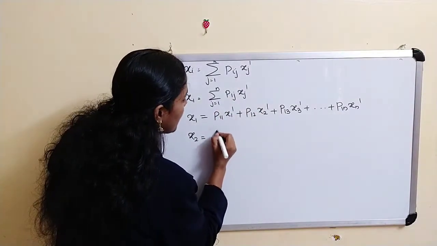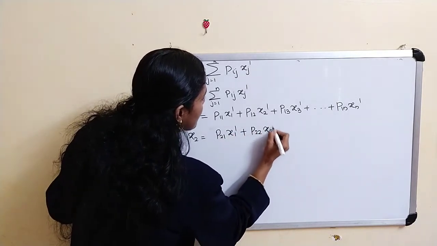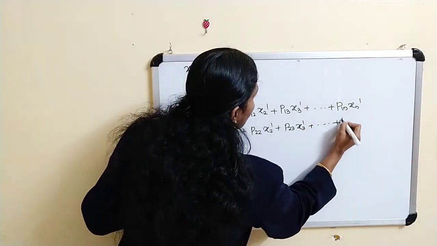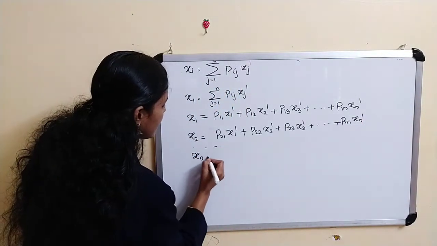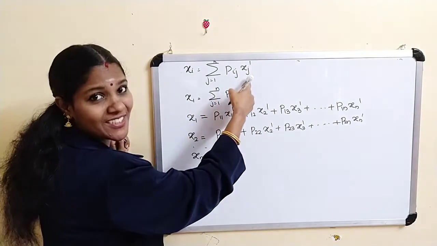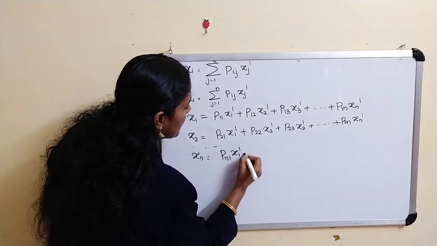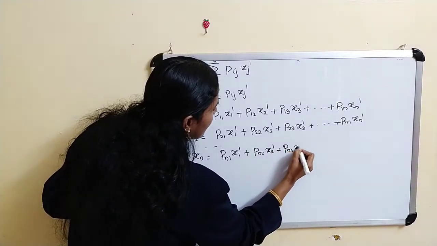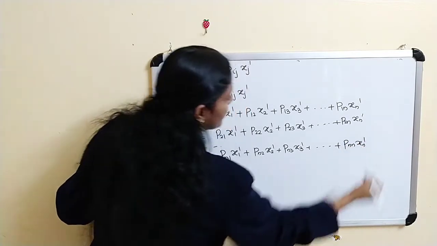This is actually p21 x1 dash plus p22 x2 dash plus p23 x3 dash plus etc. plus p2n xn dash, etc. What about xn? xn is equal to sigma pnj xj dash, so this becomes pn1 x1 dash plus pn2 x2 dash plus pn3 x3 dash plus etc. plus pnn xn dash.